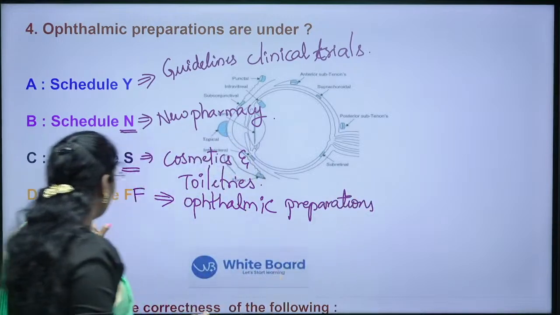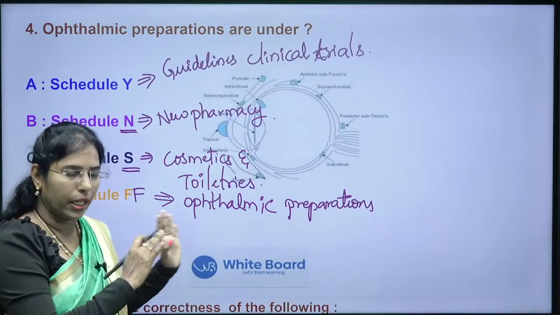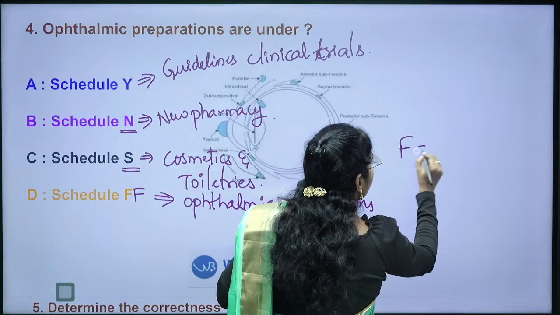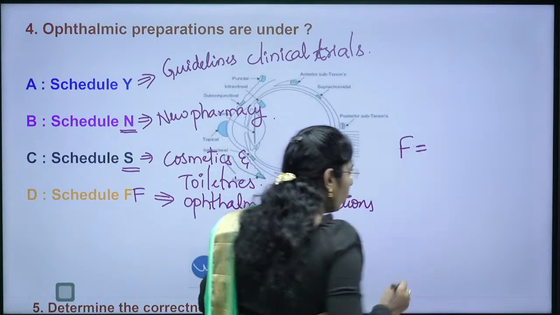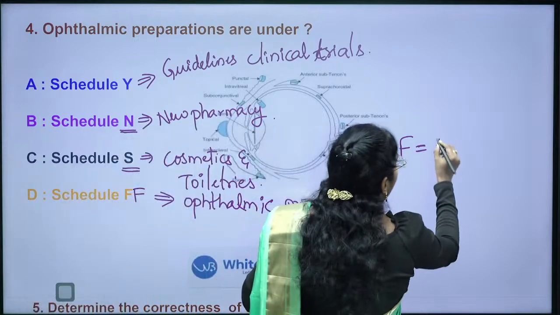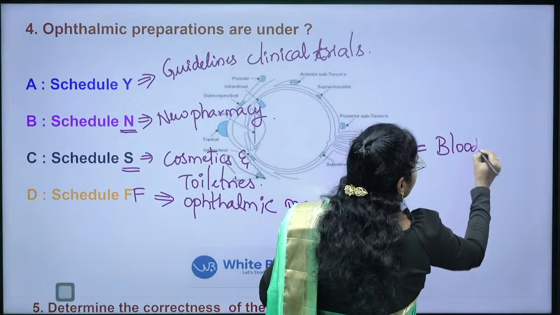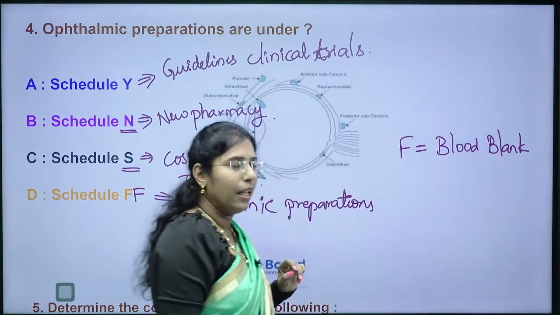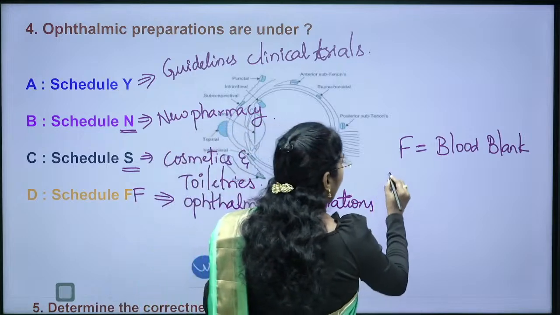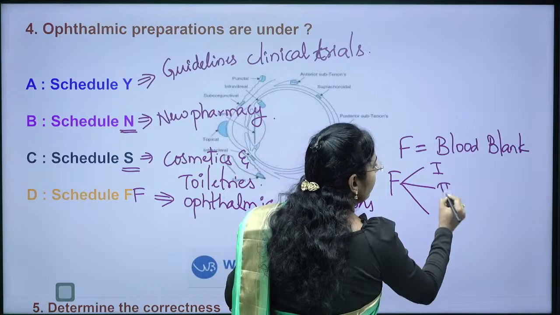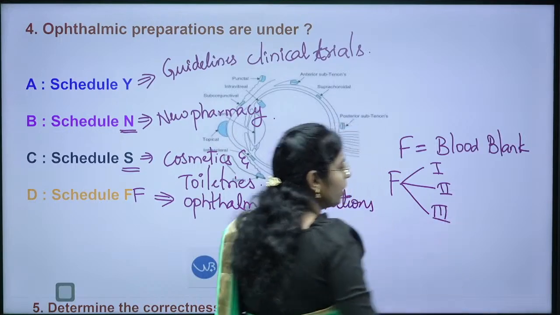Under schedule F, they have given F, right. F includes the standards and regulations for blood bank. F also consists of F1, F2 and F3 schedules.